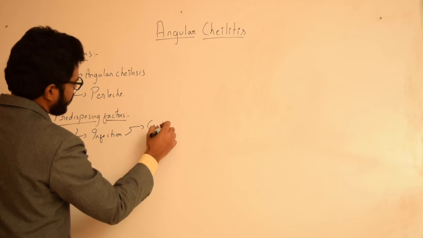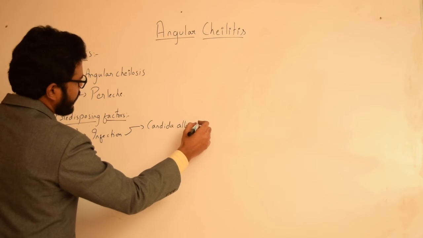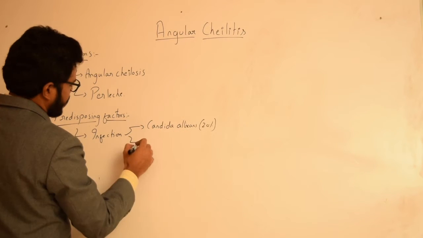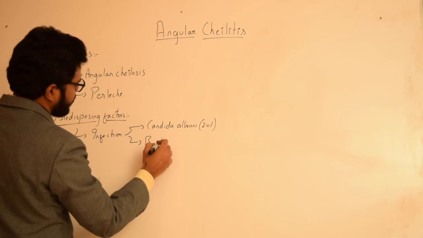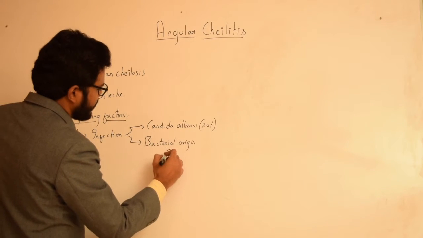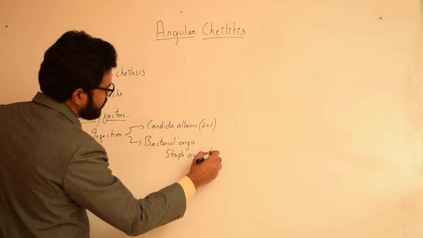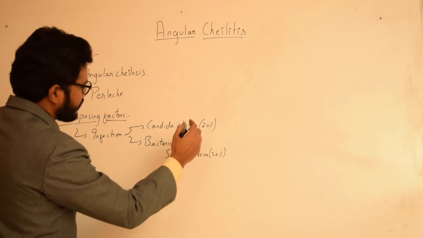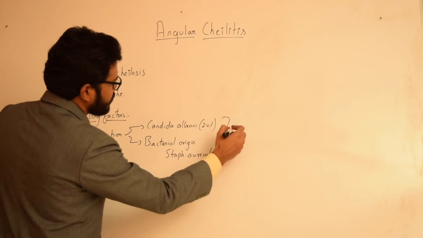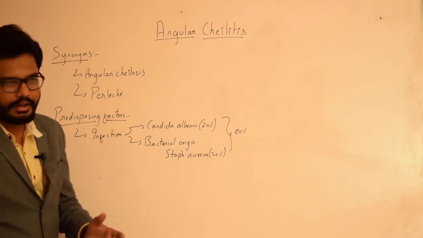The most common fungus implicated is Candida albicans in around 20% of cases, and the infection can also be of bacterial origin. The most commonly involved organism is Staphylococcus aureus, again in 20% of the cases, and the combined infection is usually seen in 80% of cases of angular cheilitis.